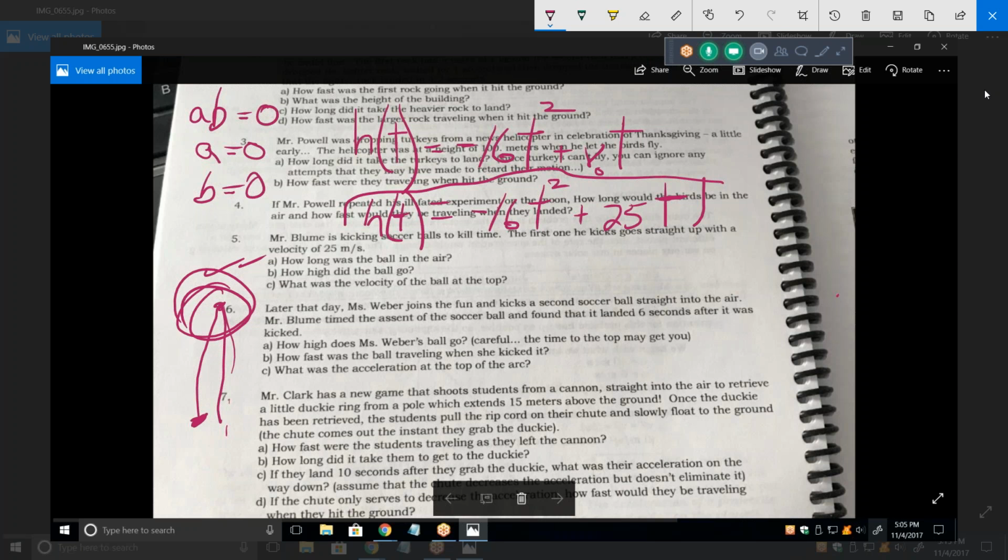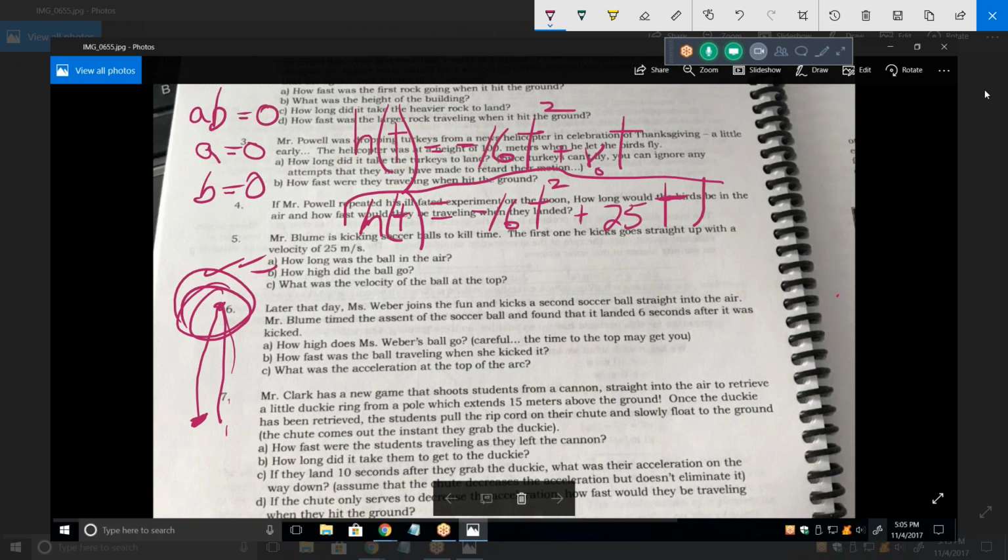We want to know what the height is when the vertex occurs. So the first thing we have to do is figure out what the x-coordinate is, or the t. I'm going to solve that, plug it into the formula, and that will tell me how high the ball went.